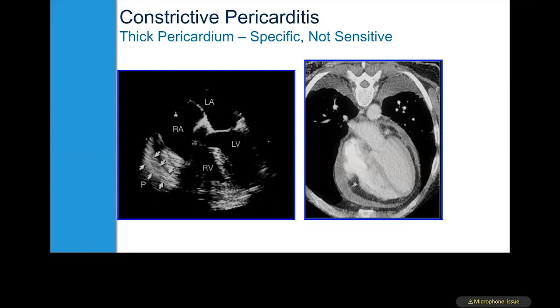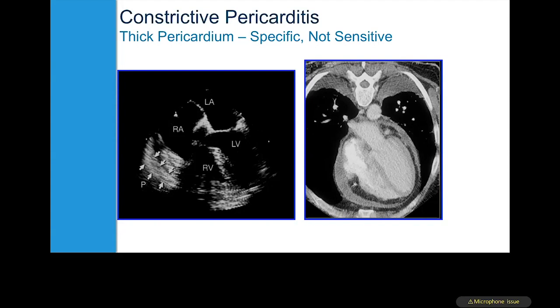It could be present with the hemodynamic features of constriction, then cause constrictive pericarditis. But isolated thickening, if you want to rely upon, may not necessarily be consistent always with the clinical presence of constrictive pericarditis.